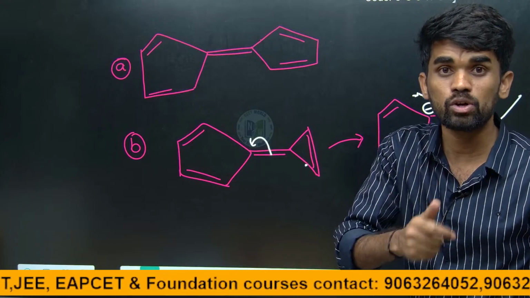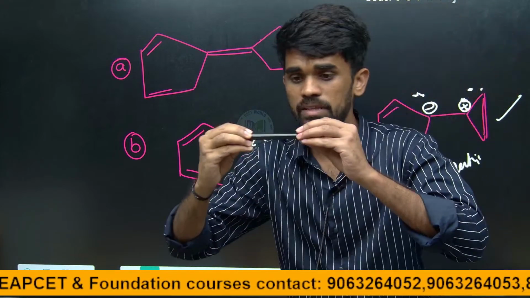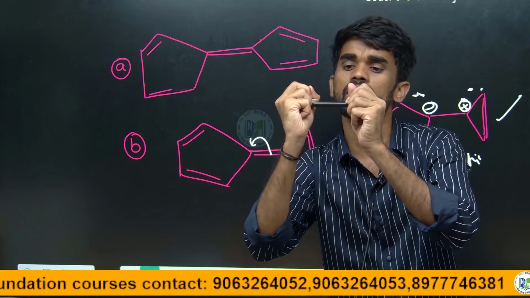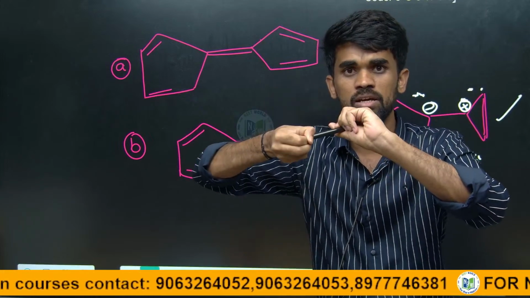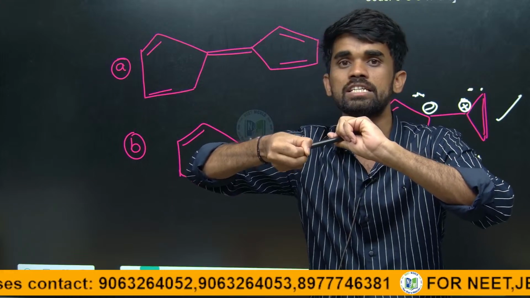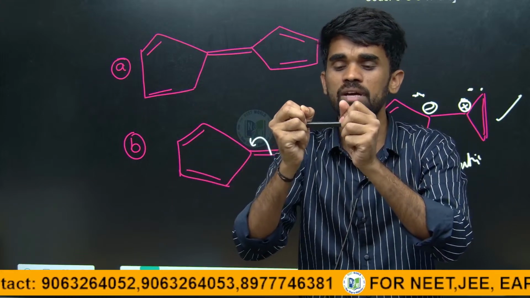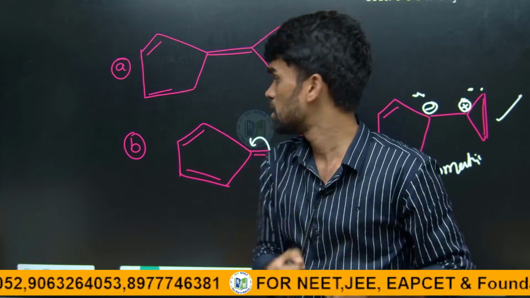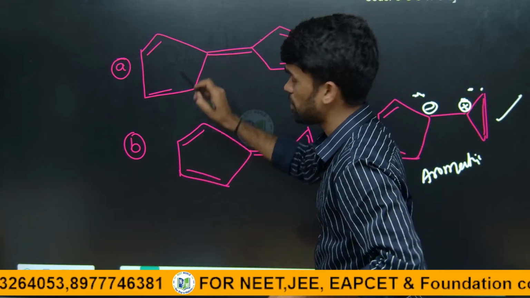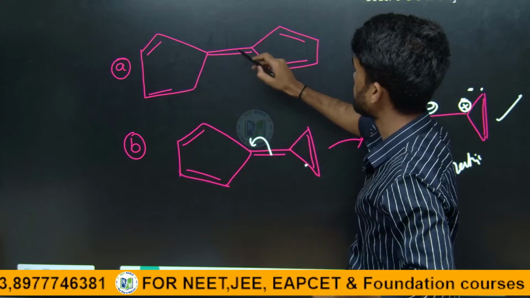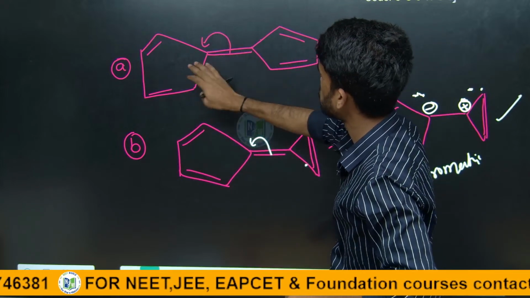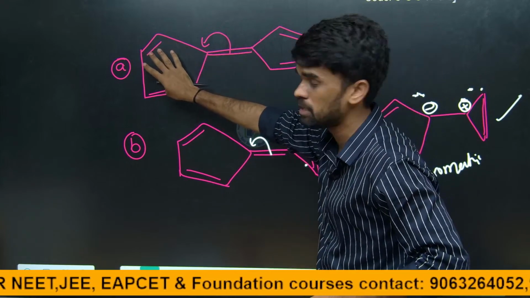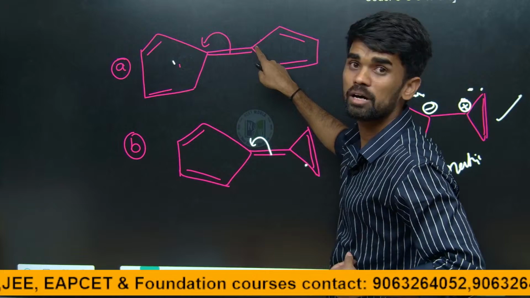So what do we mean by rotational barrier? If there is one compound here and one compound here, and we are able to rotate them easily, I can say they have a low rotational barrier. If they are rigid and unable to rotate, we say it has a high rotational barrier. In the first case, the two rings are the same. If I shift to this side, this will become aromatic with a negative charge, but this will become anti-aromatic.